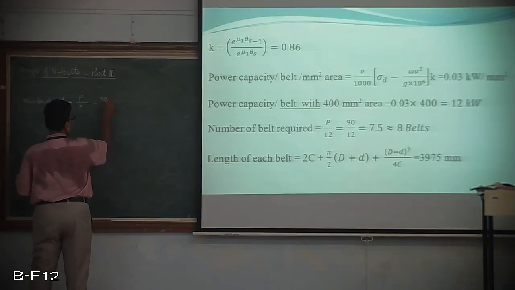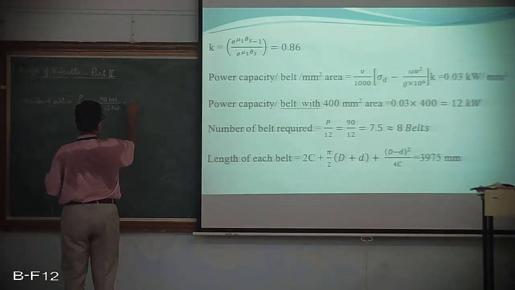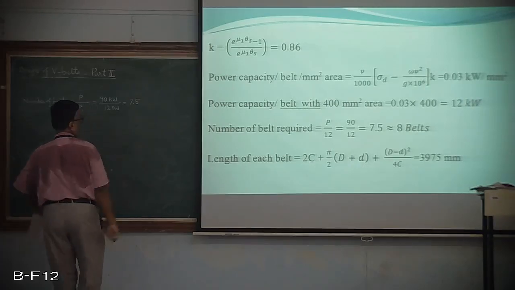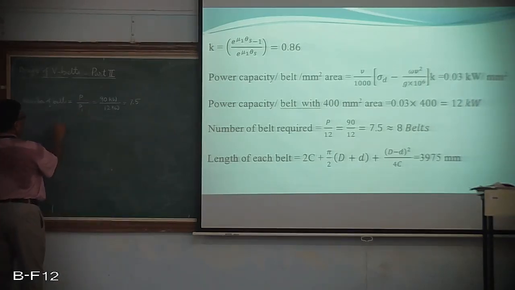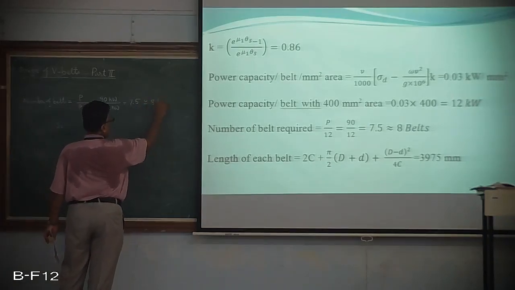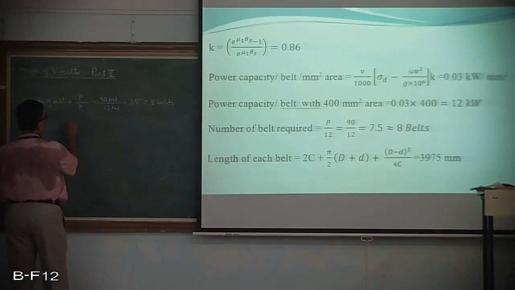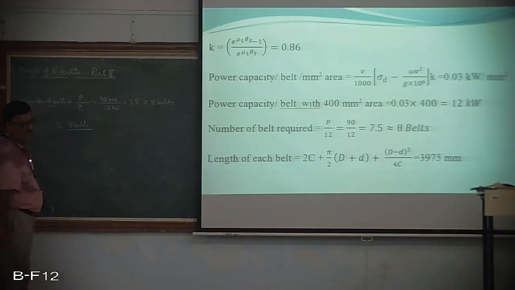Of course, here no overload factor has been given, so I can directly take this answer, and this comes out to be 7.5. So if you roughly approximate it to 8 belts, you can directly go to 8 belts. The number of belts required is 8 belts for this particular application.